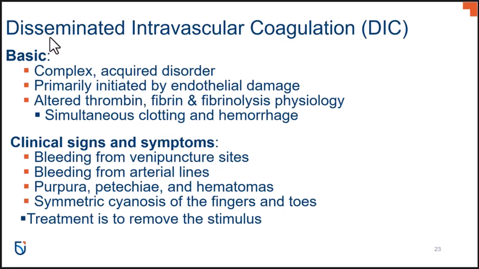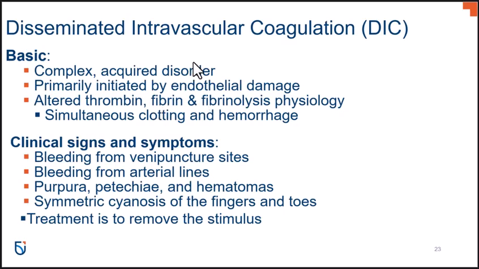I mentioned this term already, disseminated intravascular coagulation, or DIC. This is a complex acquired disorder that is primarily initiated by endothelial damage. Remember that the endothelium is the epithelial layer that lines our blood vessels.